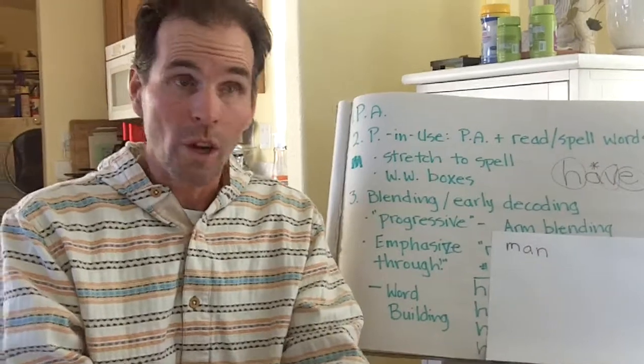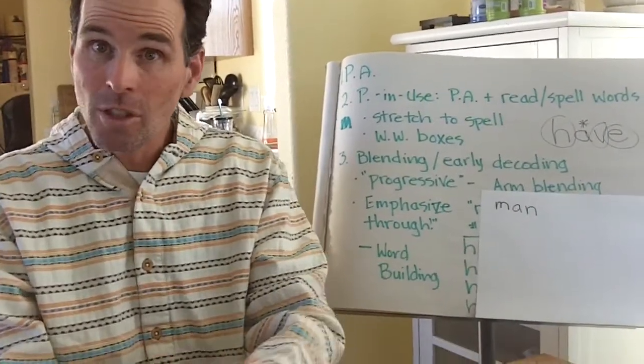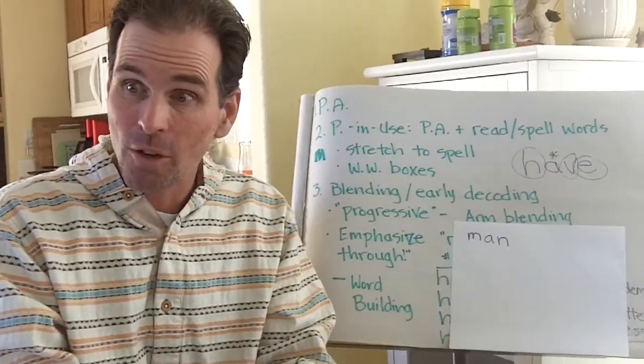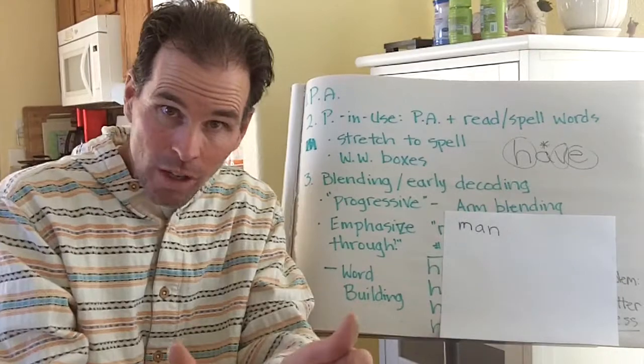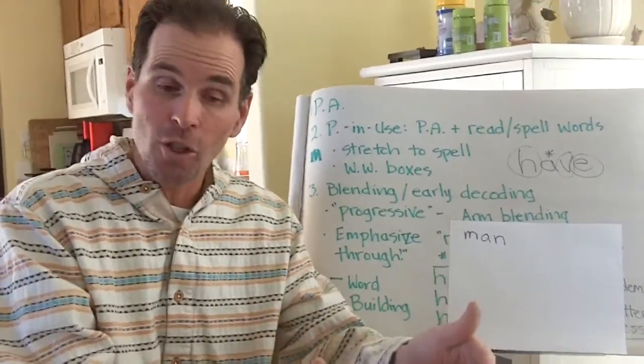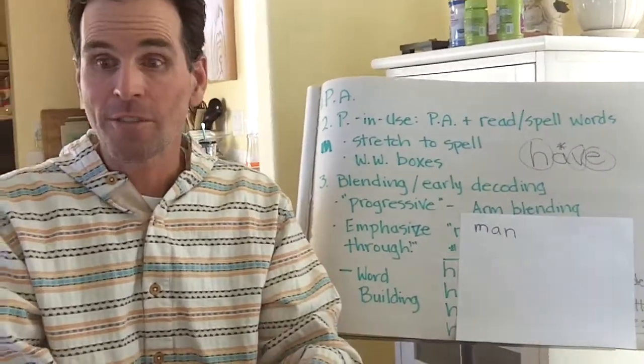And so we don't do it for a long time. As soon as kids are able to decode pretty competently, they no longer need this level of detail. But for a short while, this is what I like to call the half step, that for certain kids is that very necessary half step.